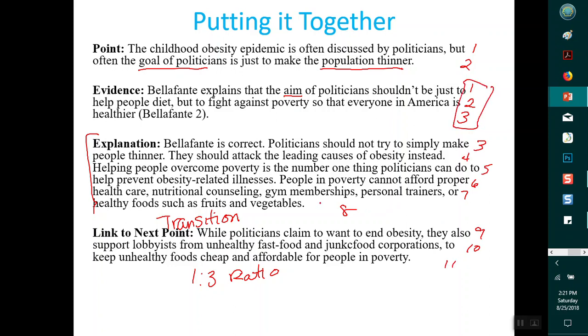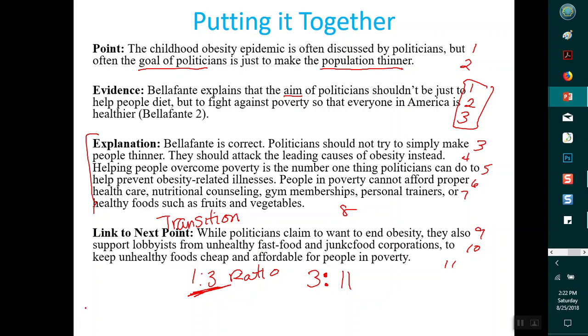So here I have 3 lines of a paraphrase, 3 lines from my source, and 11 lines from my own writing, which almost keeps this 1-to-3 ratio almost exactly. And that's about what I expect from your papers.